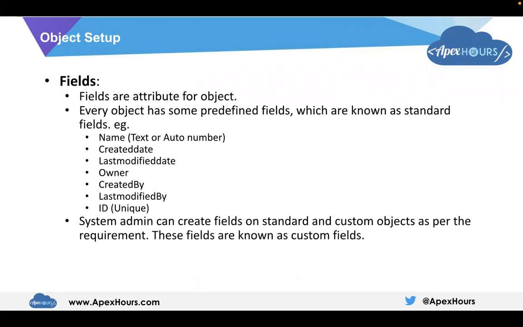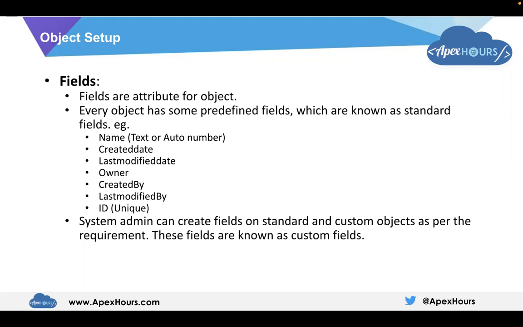Okay. So let's talk about the fields. Fields are basically attributes for an object, like what are the details, what additional information we want to store for each record on an object. We can create fields accordingly. Every object has some predefined fields, and these fields are known as standard fields, like name. So name can be text type or auto number.